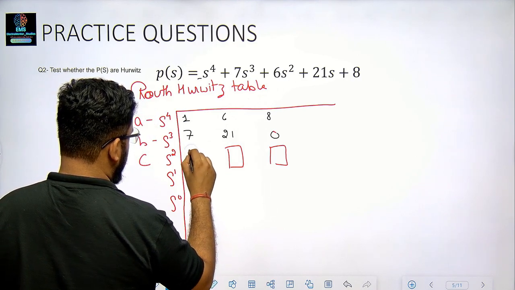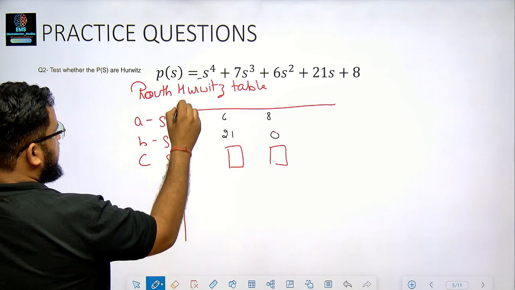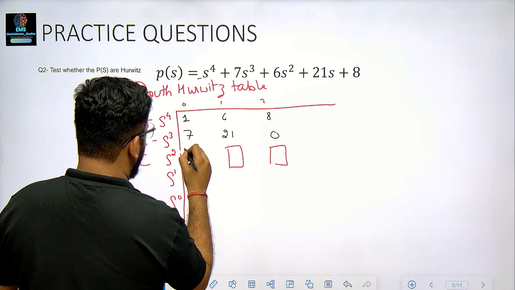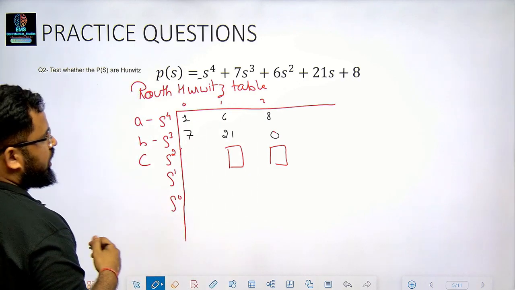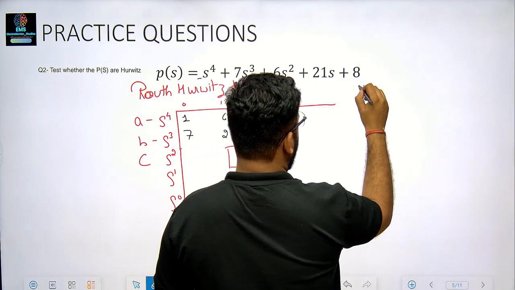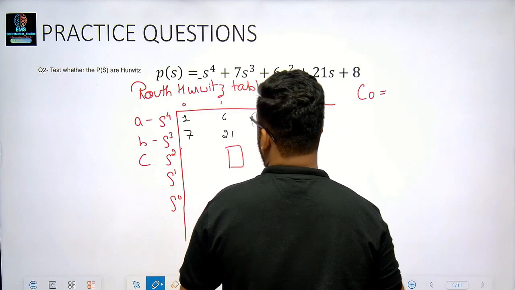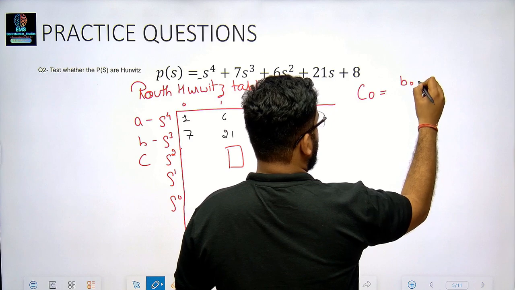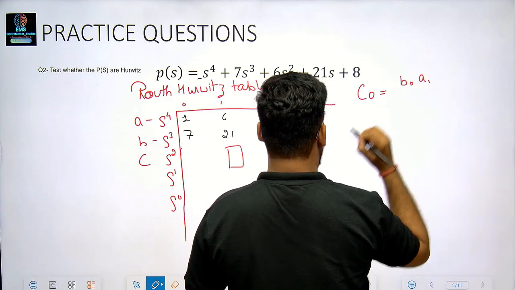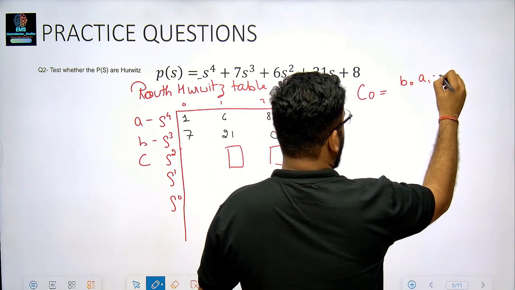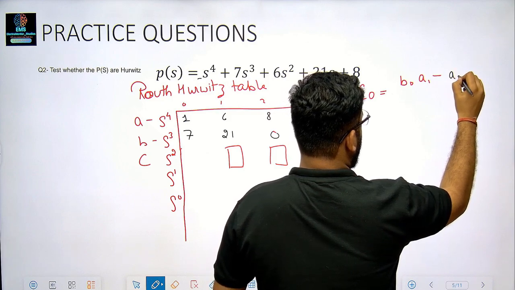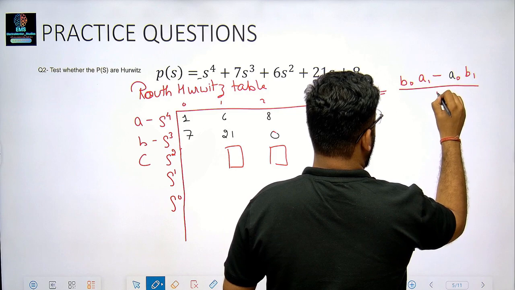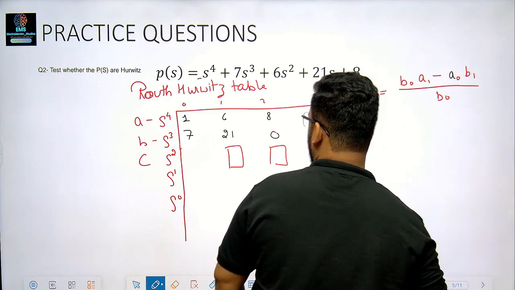Let's put these positions as 0, 1, 2. So what would be my C0? I'll write down the formula. My C0 is going to be B0 multiplied by A1 minus A0 multiplied by B1, whole divided by B0.